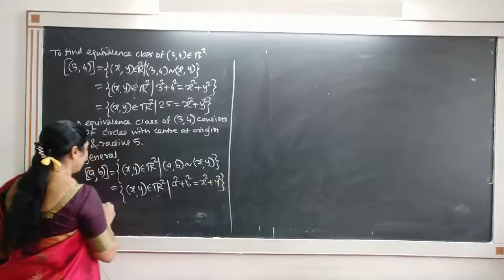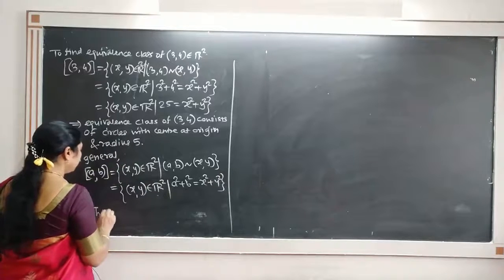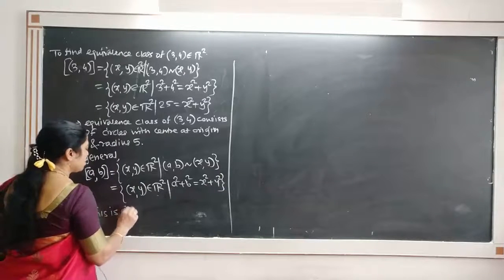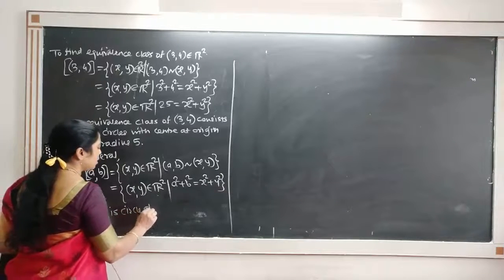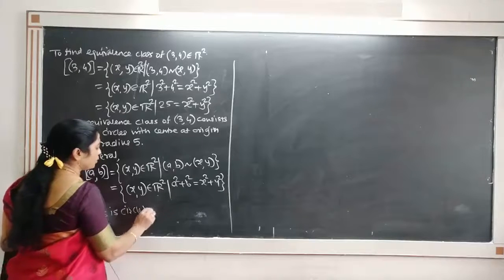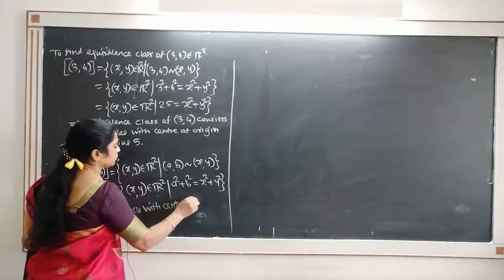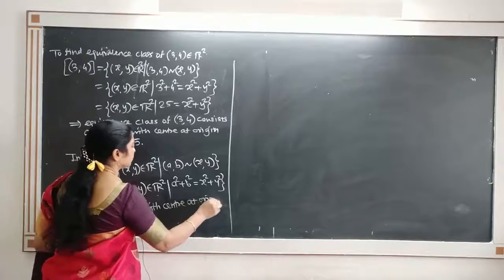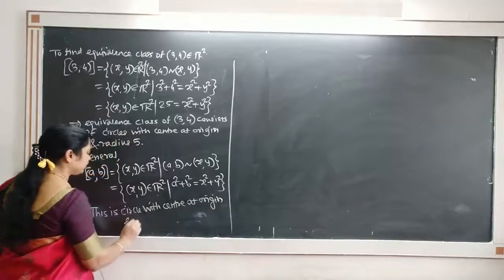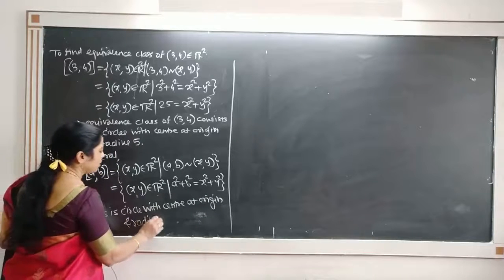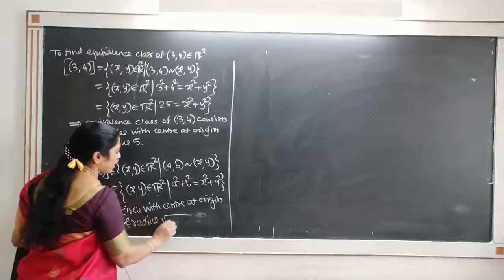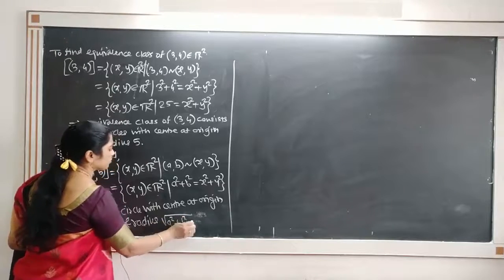This is a circle with center at origin and radius root of a square plus b square.